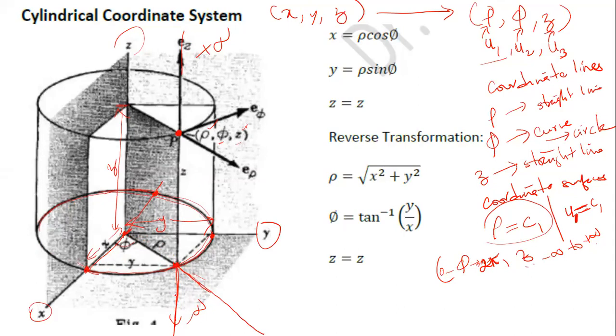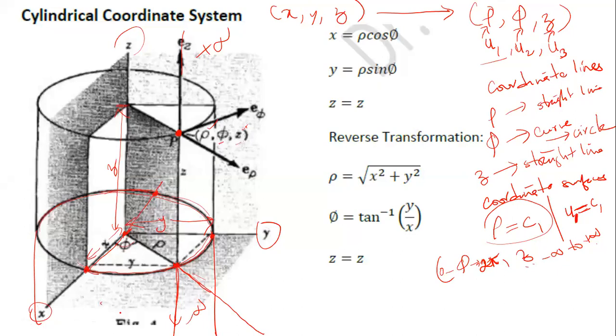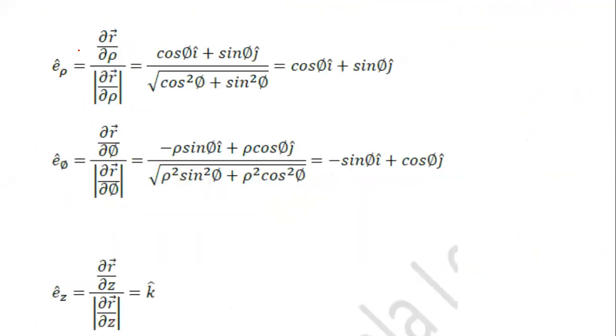And if you vary Z from minus infinity to plus infinity, this circle will extend from minus infinity to plus infinity. So under this condition, if you fix the value of rho, you will obtain what is called an infinite cylinder, something like this.